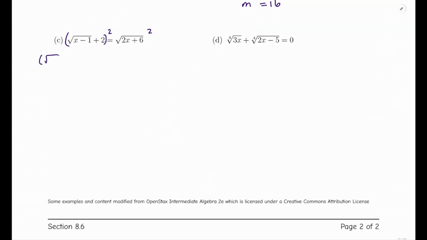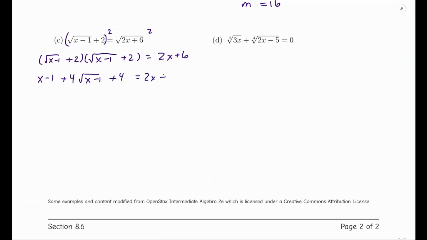And then this becomes the square root of x minus 1 plus 2 times the square root of x minus 1 plus 2 equals 2x plus 6. Well, square root of x minus 1 times square root of x minus 1 is x minus 1. And then the square root times 2 and 2 times the square root will combine, giving us 4 square root of x minus 1, and 2 times 2 is 4.